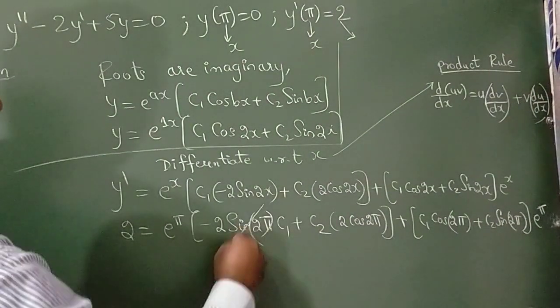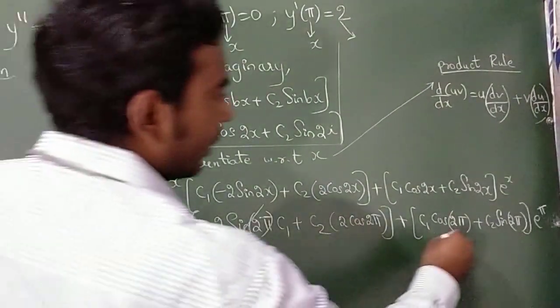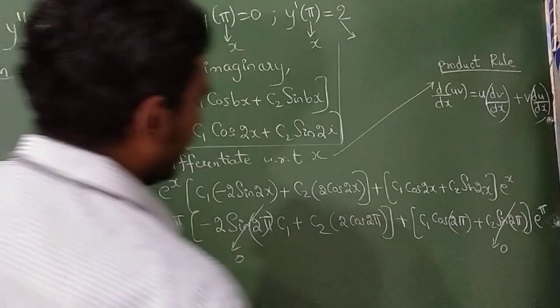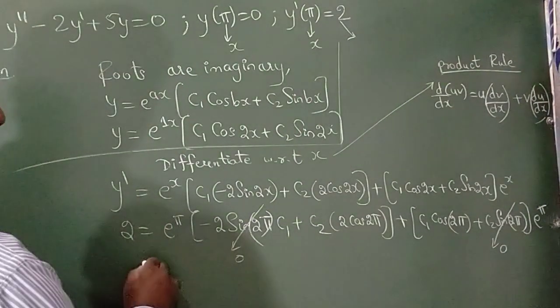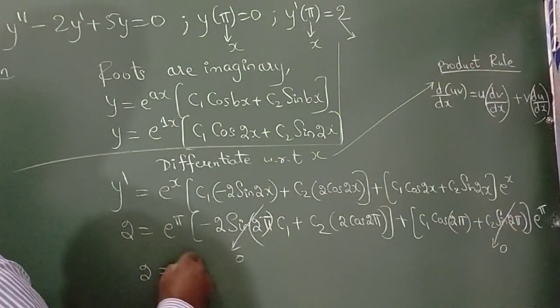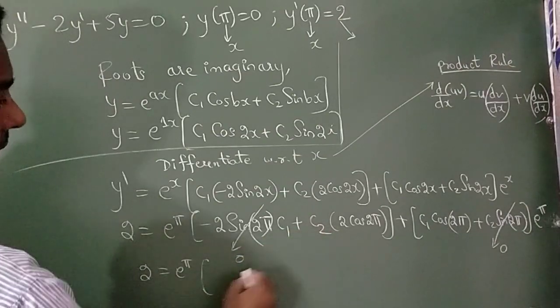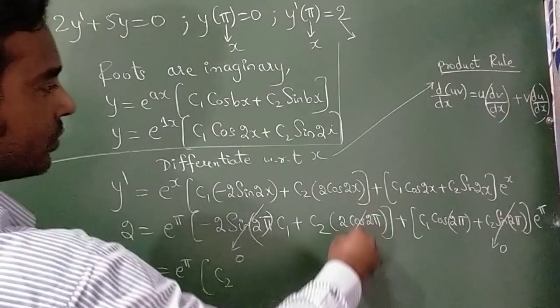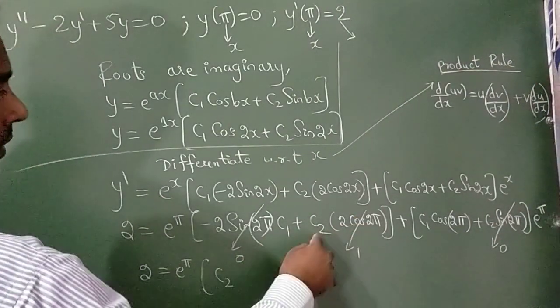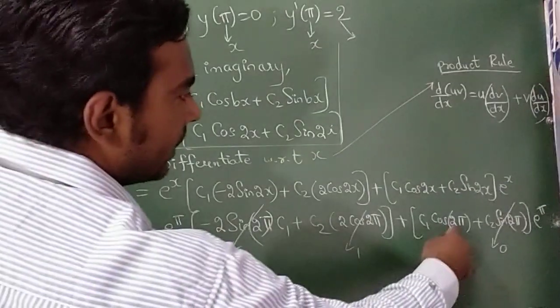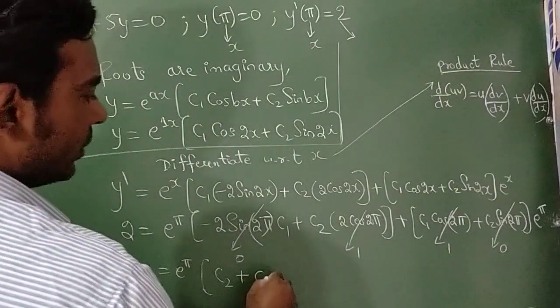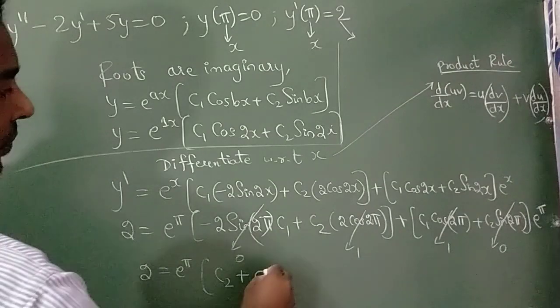As I have told you, sin 2 pi is 0. Here also sin 2 pi will become 0. So 2 e raised to pi, you will get c2, and cos 2 pi will become 1. Plus here this will become 1, so you will get c1.